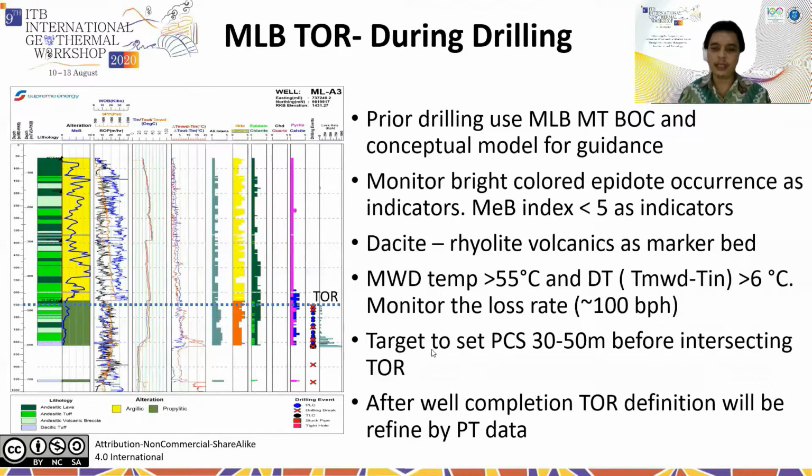We have an objective to set the PCS about 30 to 50 meters above the top of reservoir. After well completion, this data will be refined by PT data. Our temperature target for this field is higher than 230 degrees C with a convective temperature profile.